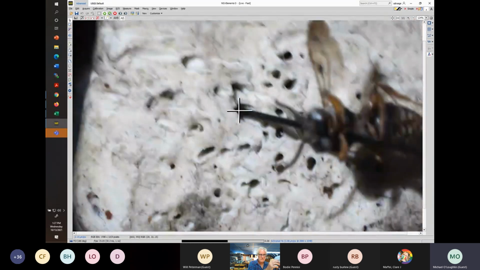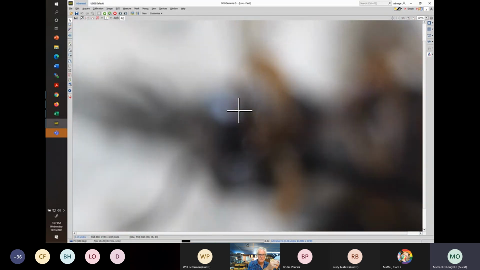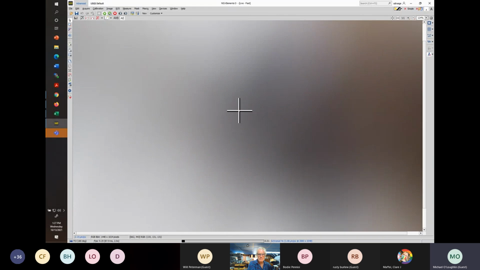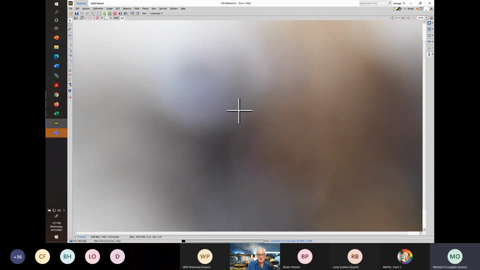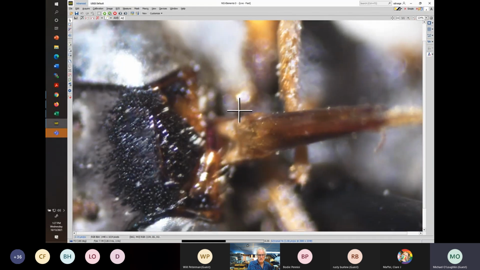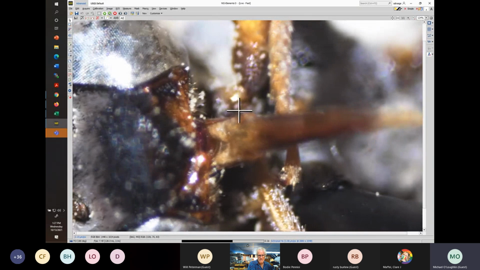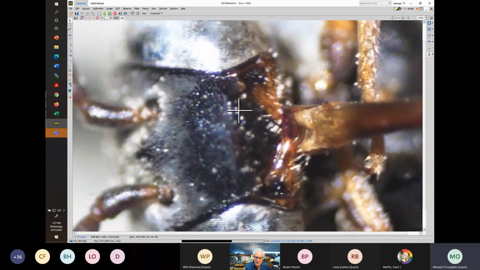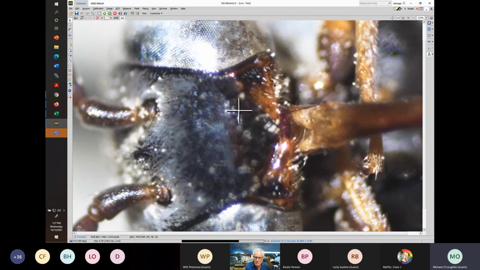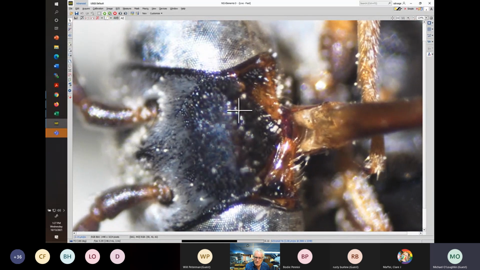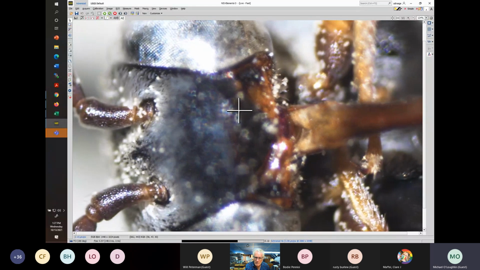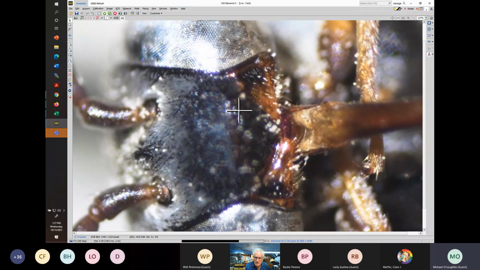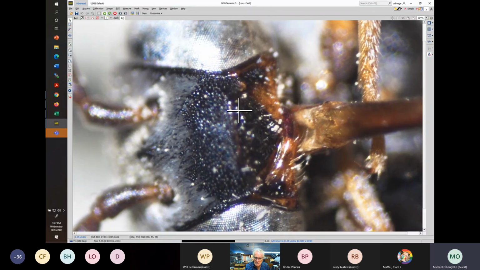All right, let's take it down, bind the thing, come up to high power, bring it down. This is generally a problem with these kinds of specimens where the mandible is not extended out. That's pretty busy in there.